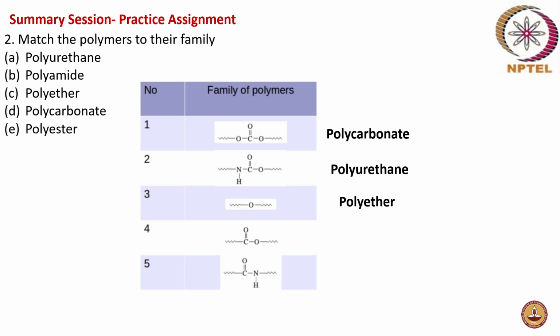Polycarbonate will have an O, C double bond O group in its chain, so this belongs to polycarbonate. Your polyester will have a COO group. And finally, your polyamide will have a CONH, C double bond O NH group. Okay, next.